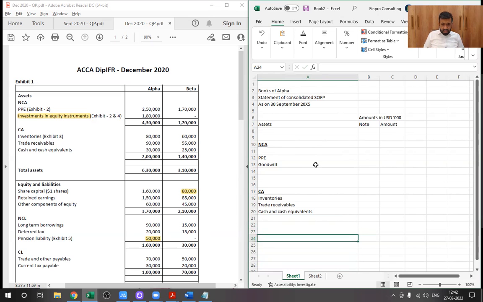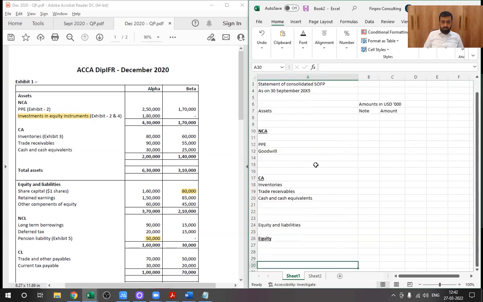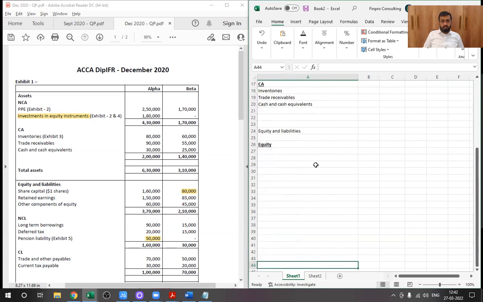Leave a few places blank and then you start with equity and liabilities. Here, first equity. In equity, you have share capital.